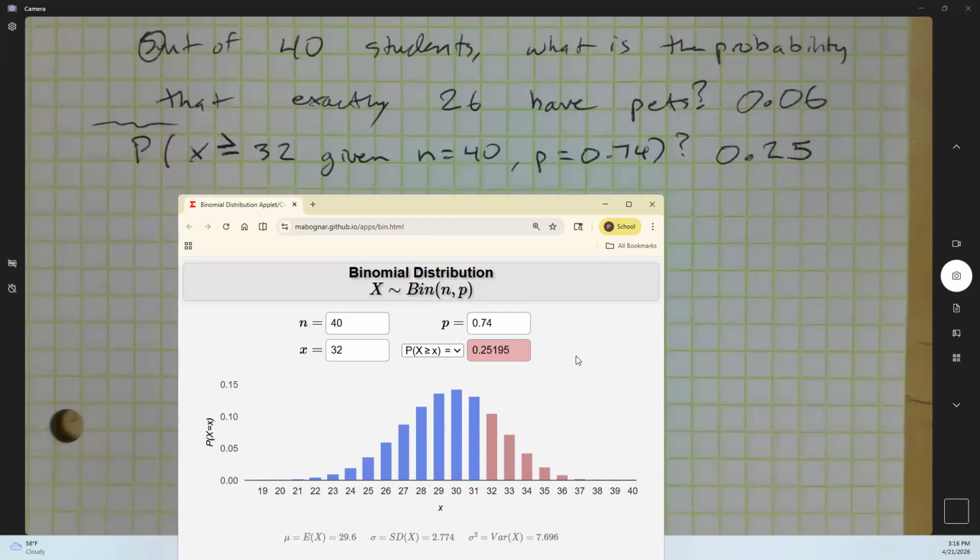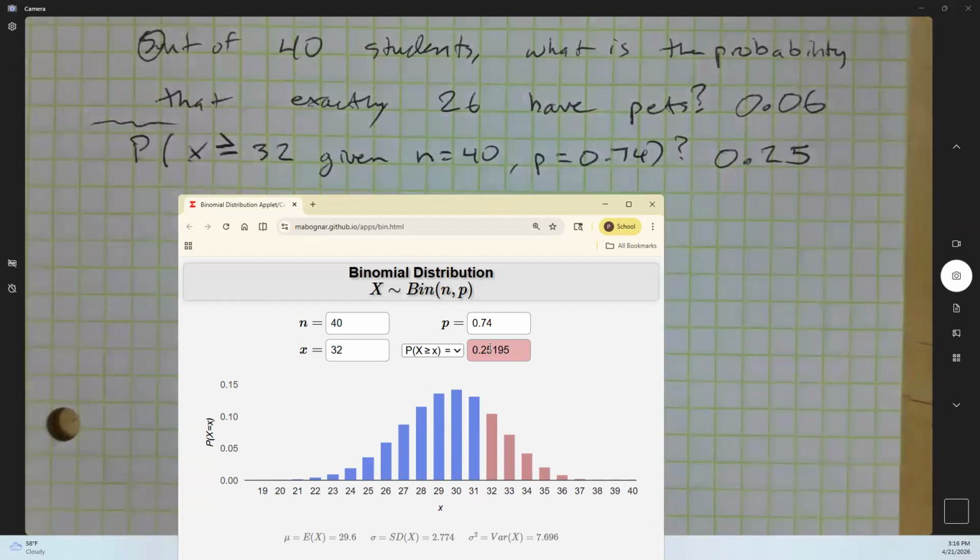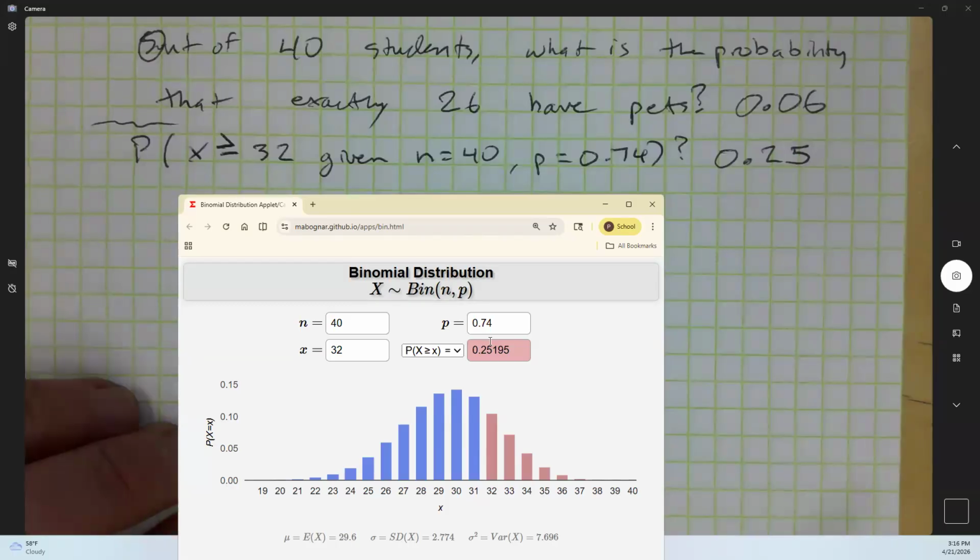But in the real world, the difference between 25% and 25.195% in probability is meaningless. Yeah. Okay, would you be surprised if 32 out of 40 students had pets? No, because there's a 25% chance of at least that many. That's not surprising from statistics because it's more than a 5% chance.